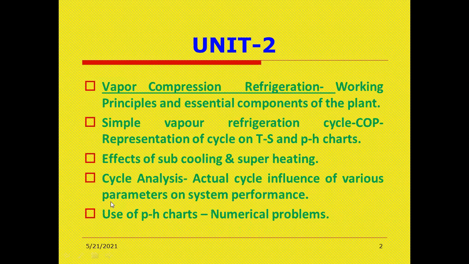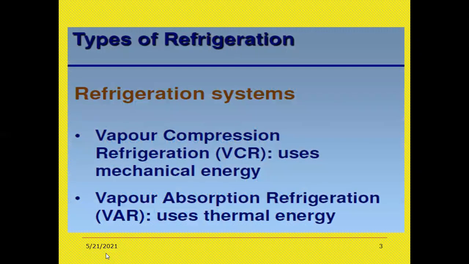In the last classes, you got some basic idea of refrigeration systems. Now we'll see some of the types of refrigeration systems used at a domestic level, that is, at our home. Coming to the types of refrigeration, the first one is the vapor compression refrigeration system, which uses mechanical energy, that is VCR.